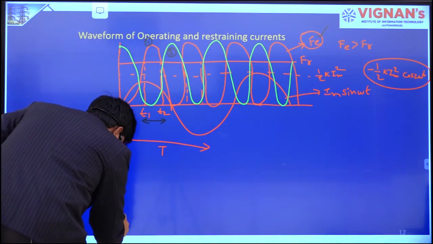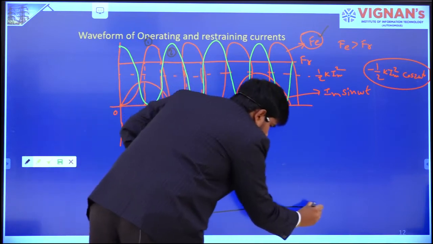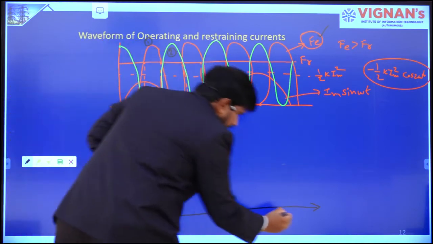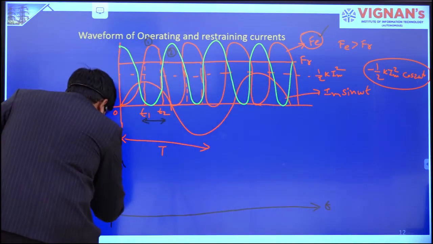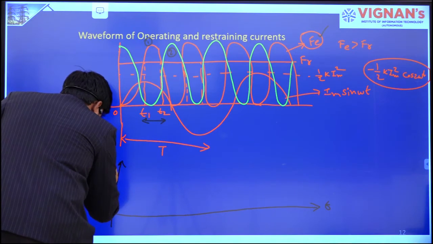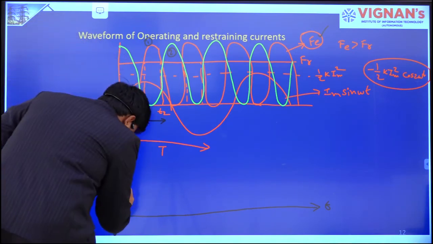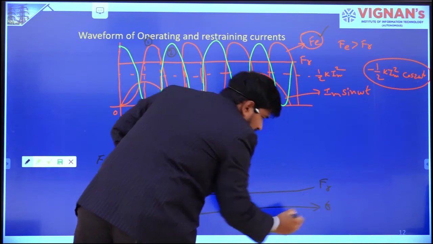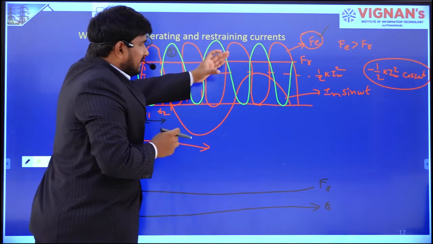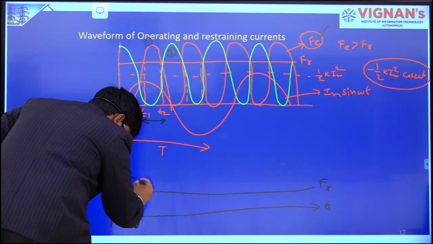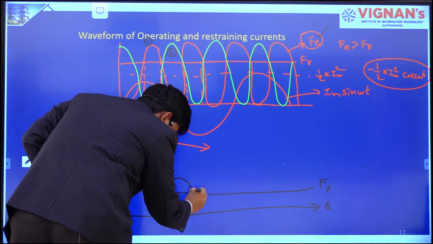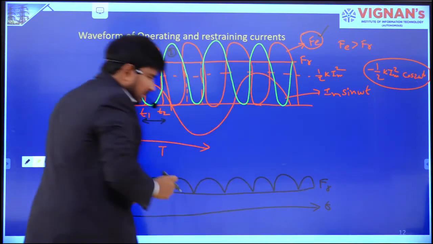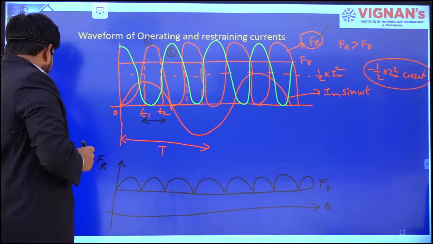I am redrawing this, having time on the x-axis and resultant force on the y-axis. Let this be the restraining force Fr, and my resultant quantity is always like this.